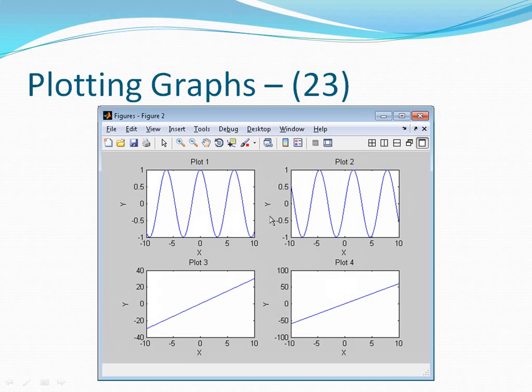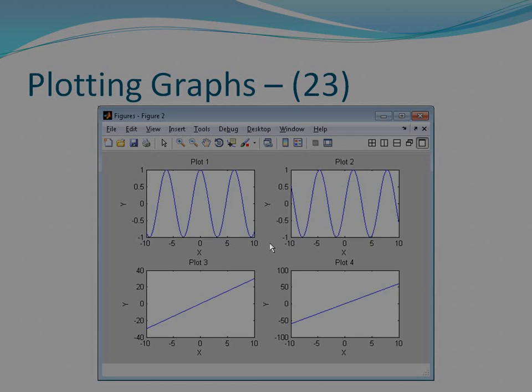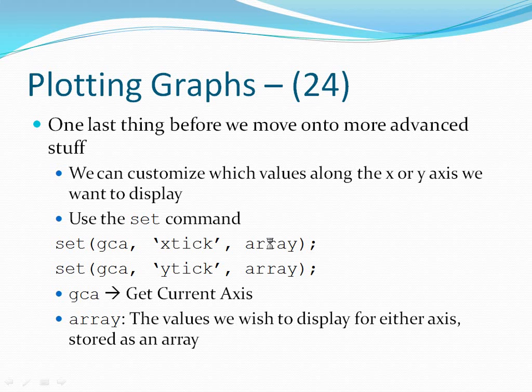Okay, so one last thing before we move on to more advanced stuff, for more plotting 3D graphs or whatever, is we can customize which values along the x or y axis we want to display. So when you're plotting a graph, you'll see that the numbers on the x-axis and the numbers on the y-axis are automatically chosen.